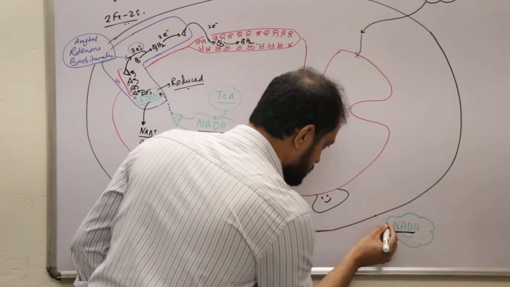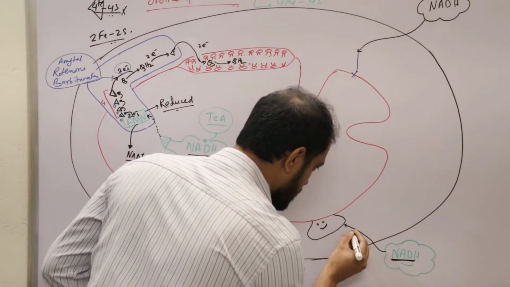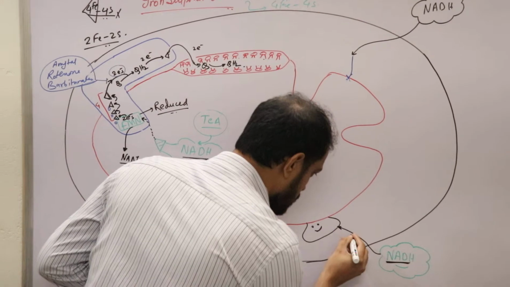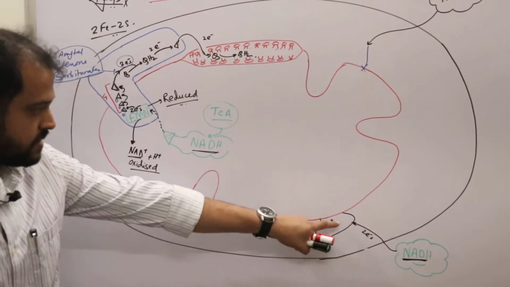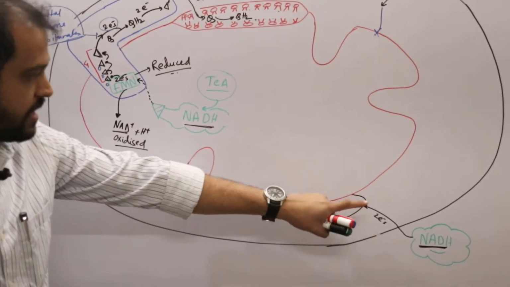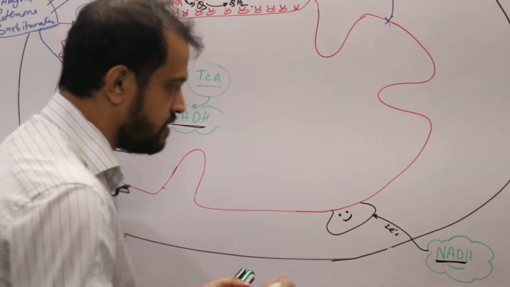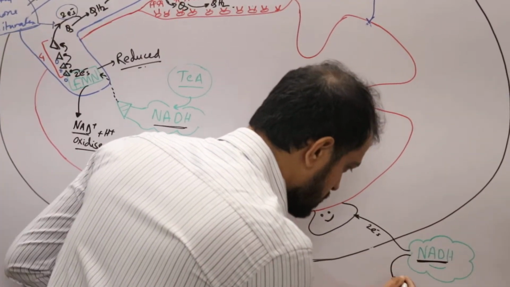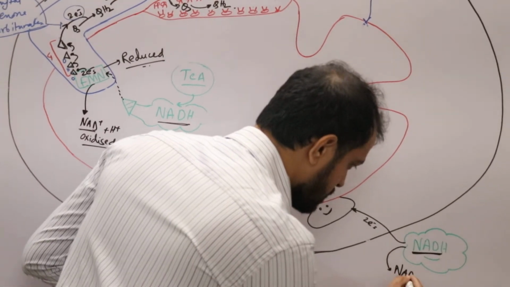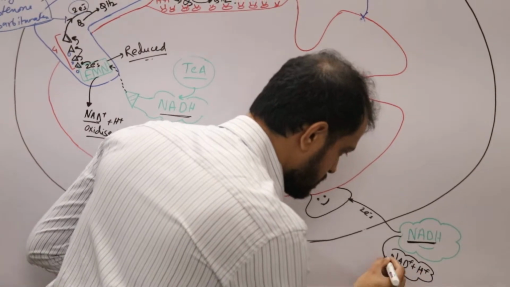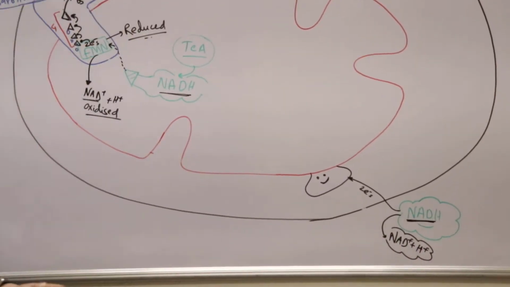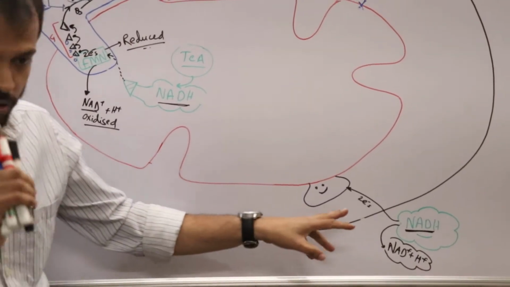That means they will give 2 electrons to this protein and they will become instead NAD plus H plus, right? Okay. Now listen, don't guess anything.